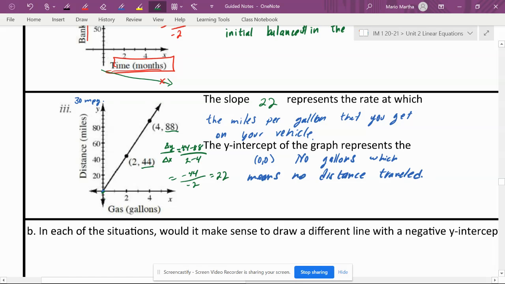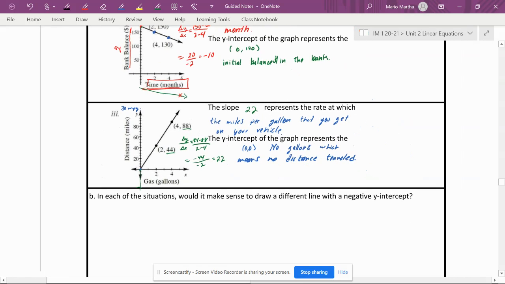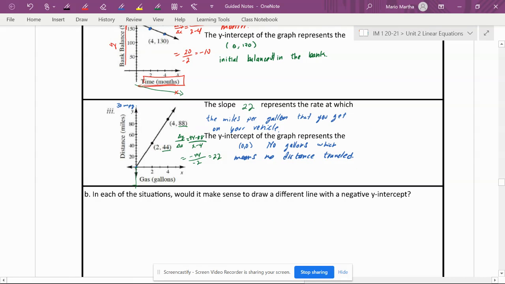Going on the negative side means you traveled in the opposite direction, which makes no sense, right? So you can't go back in distance. So for sure, the only one where it would be possible to draw a negative y-intercept would be the first situation, right?